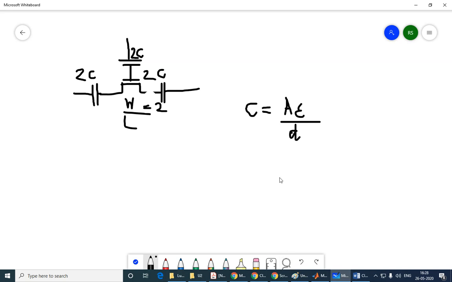Okay, that is the relation that we have to remember. The capacitances are directly proportional to the size of the transistor. If the W by L increases, capacitance also increases.